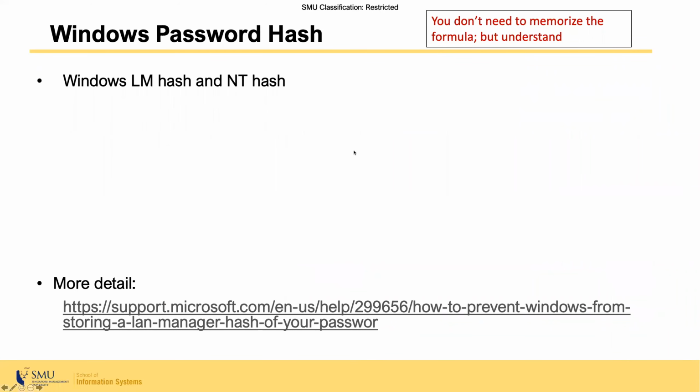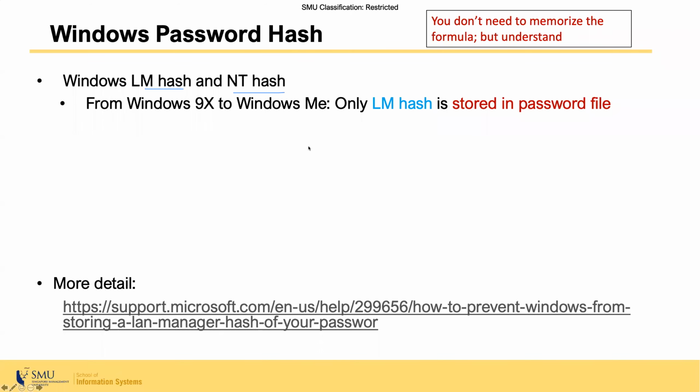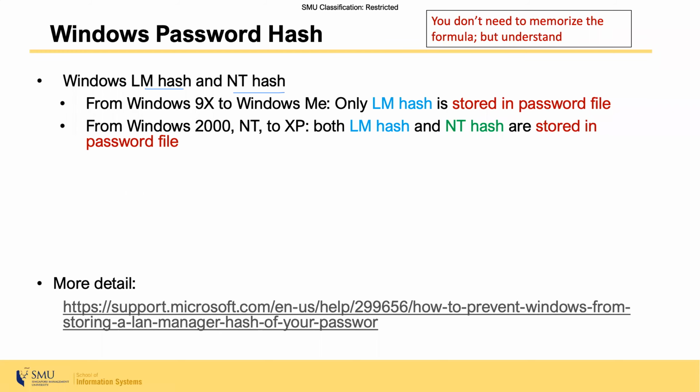Next, let's look at the Windows password hash. Windows has two kinds of password hash scheme, LM hash and NT hash. LM hash was used in the earlier versions of Windows until Windows XP.